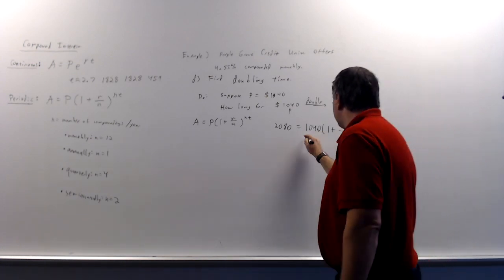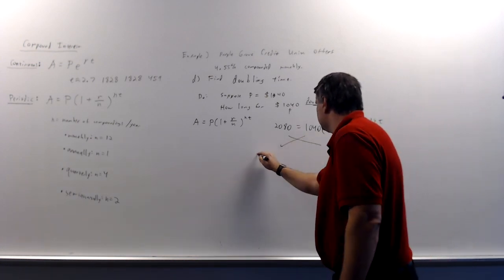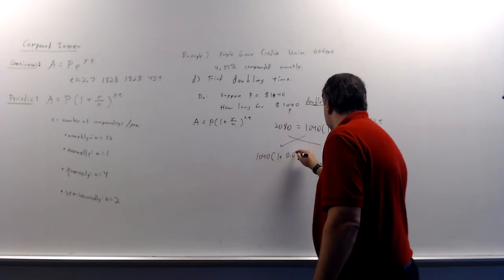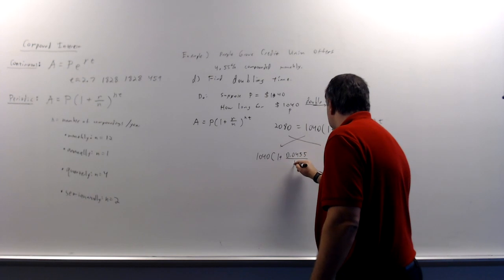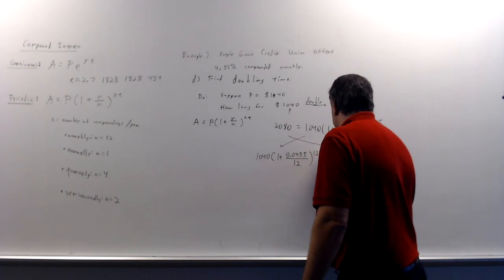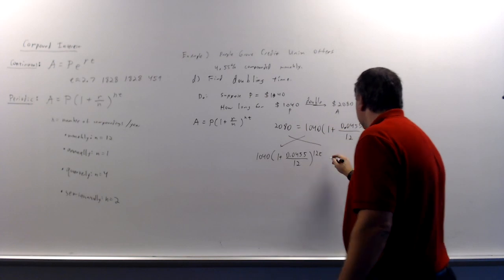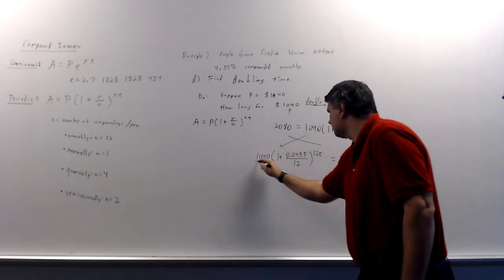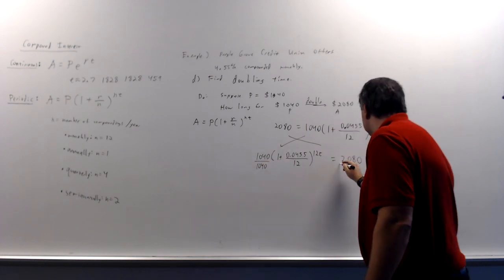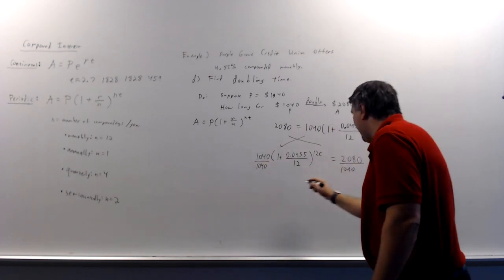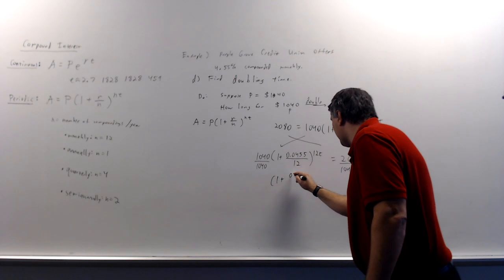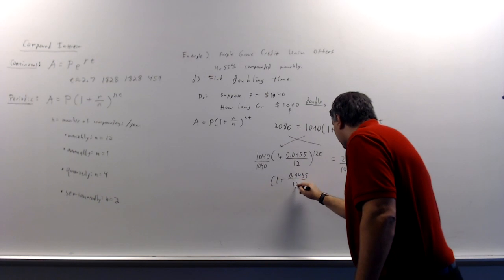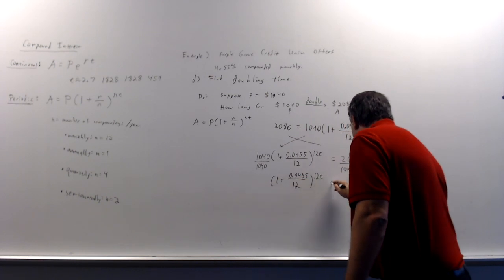Since that's my unknown, I'm going to go ahead and switch the sides. Okay? Then I'll do the division. And you end up with 1 plus 0.0455 over 12 to 12t power is just 2.